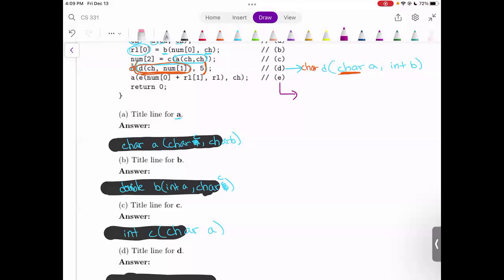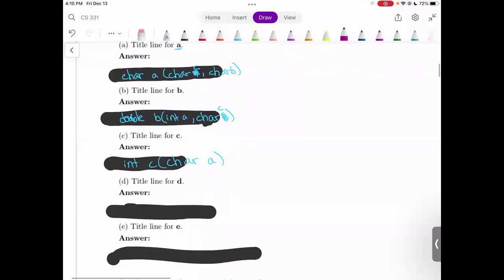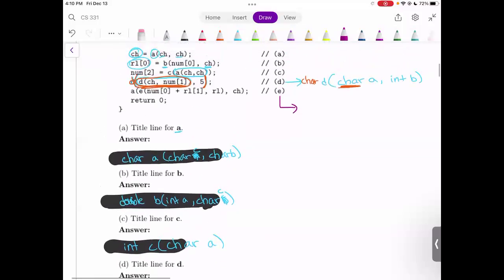Okay. Let's look at E now. Can we do function design? Like, yeah, we'll write a function, sure. We're doing now one for E. Okay, E takes in two parameters. This is E. Parameters are separated by commas. So E takes in two parameters.